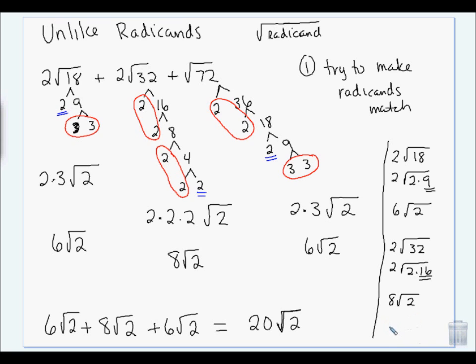And then 72 is 2 times 36. And 36, of course, is a perfect square. So, there's still this method. Okay, and then of course step 2 was to add like terms, if you need to write that in there.